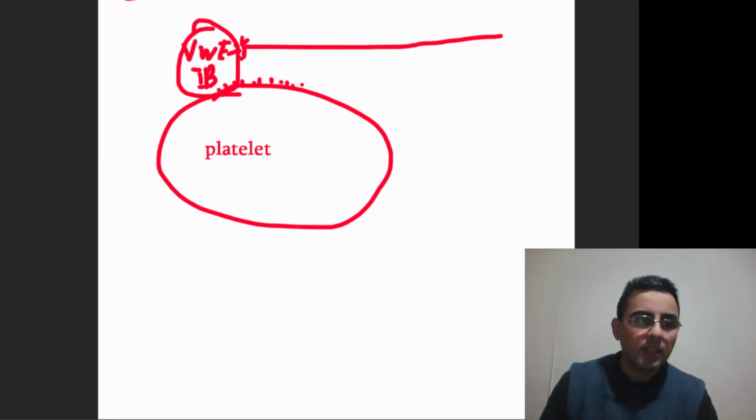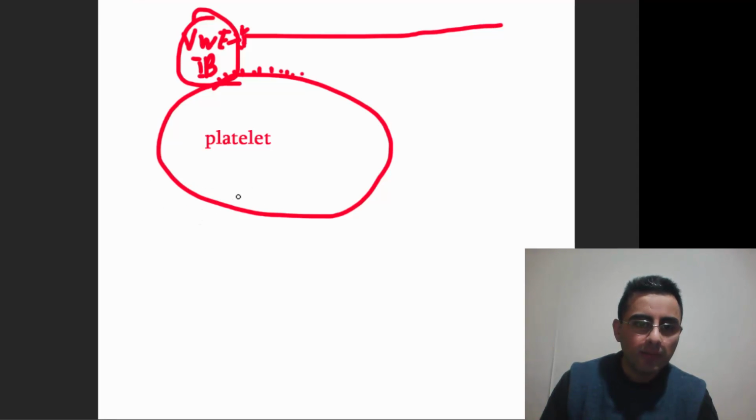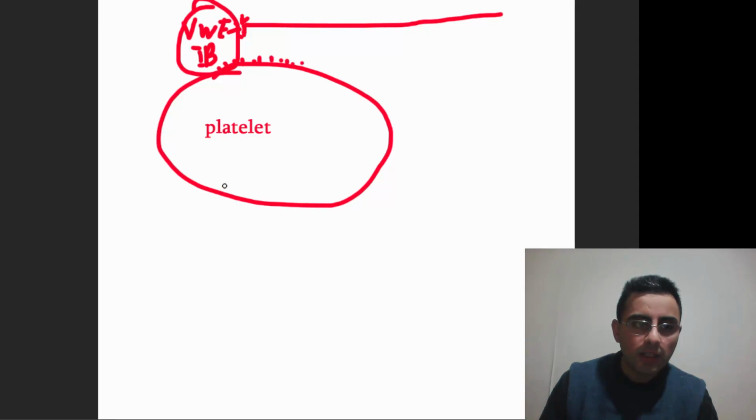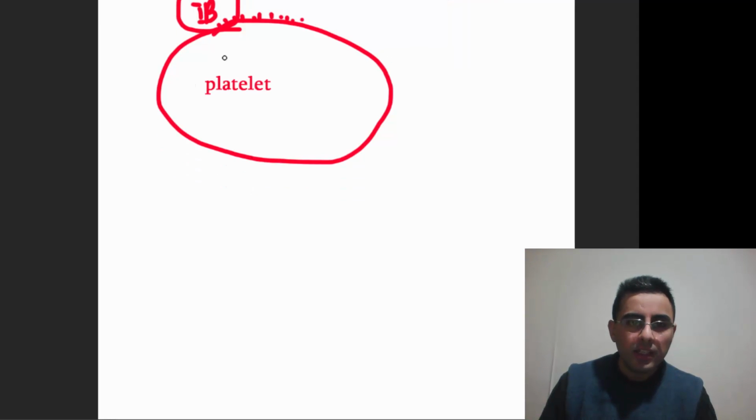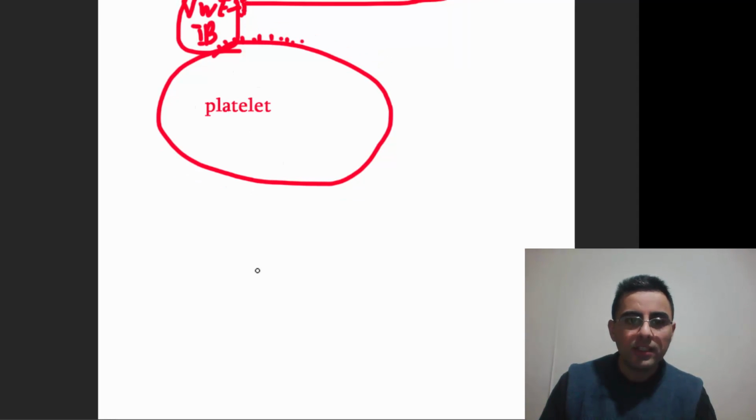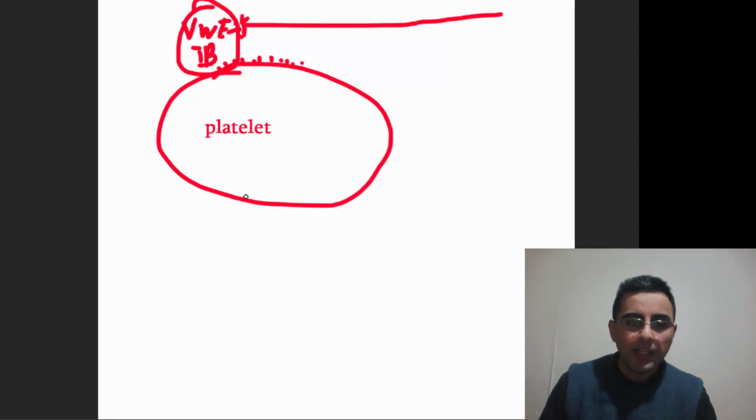After adhesion, the platelet changes its shape and becomes activated and releases factors, proteins and enzymes, and this is called degranulation, and it's an activated platelet.